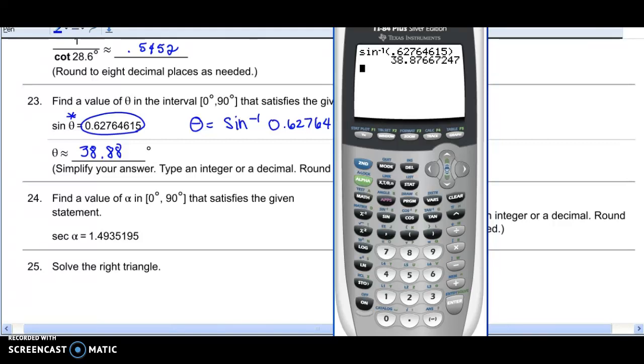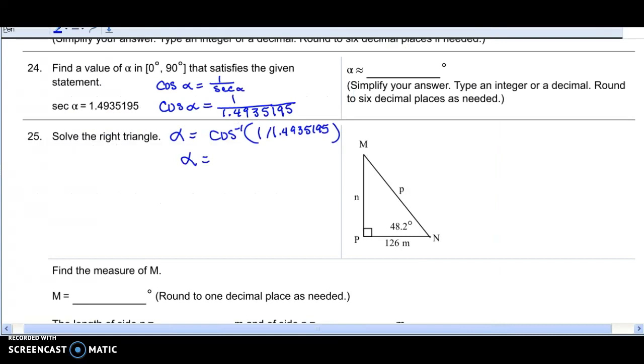Okay, so let's look at 24. 24 is a little squirrely, so since it's not your cosine, sine, or tangent, we have to first take it and write it in terms of a cosine, sine, or tangent. Then we deploy the inverse. So I know if I've got secant alpha in this case, secant alpha is the same thing as 1 over cosine.